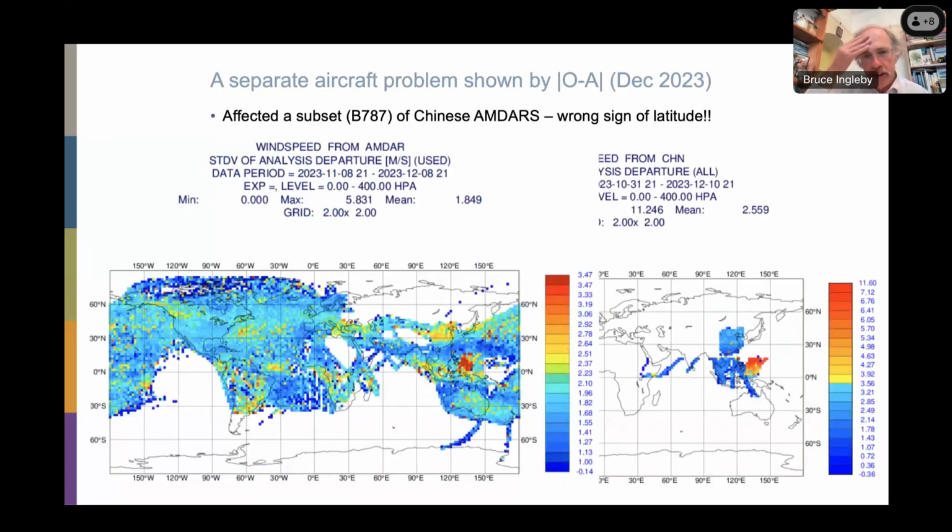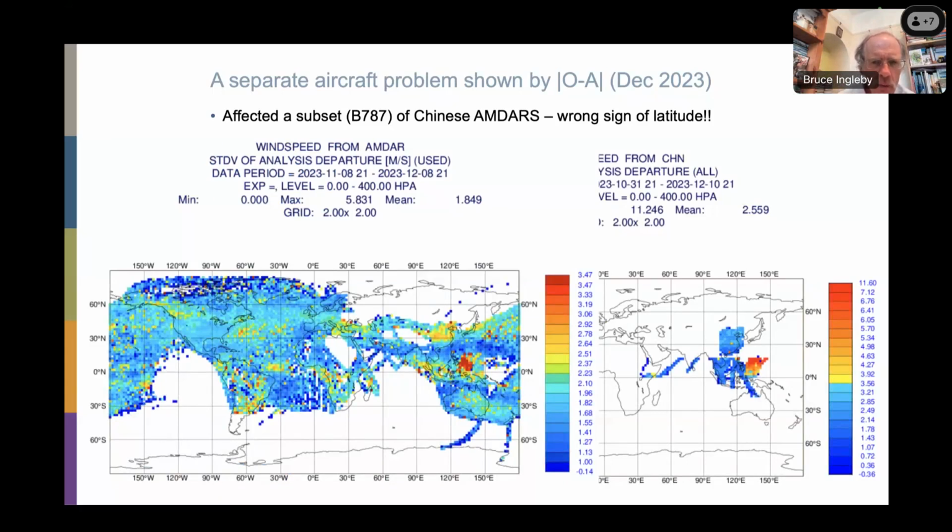Now, this is not Mode S, but it's a different aircraft problem. From December last year, I looked at the map on the left, which is standard deviation of O minus A for wind speed at about 200 hectopascals.